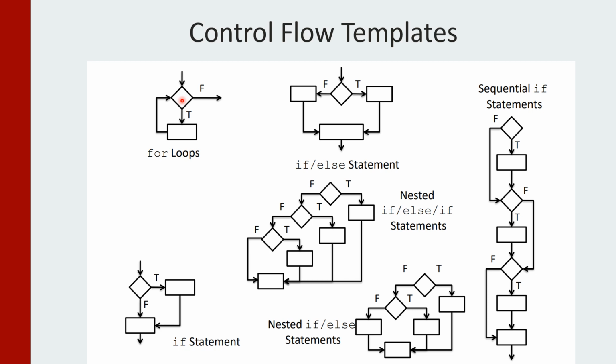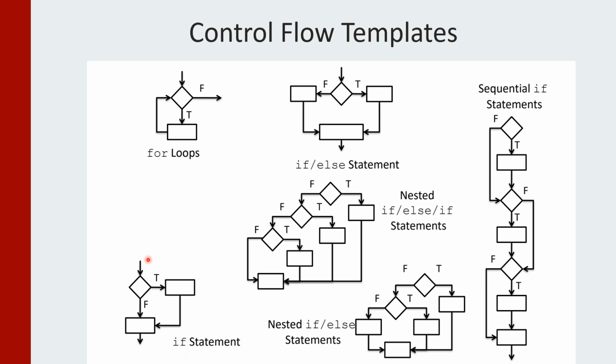If it is, you will go into the loop body and execute it. And then you will go back up and check again if that condition is true. When that condition becomes false, you will leave the for loop and then continue on beyond the loop to any other part of your code that exists. So you can connect these kind of like blocks.